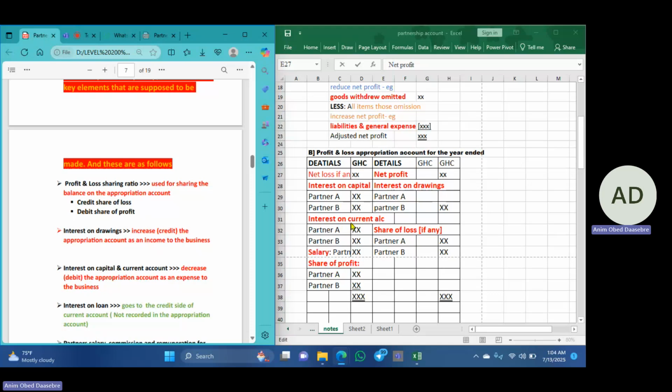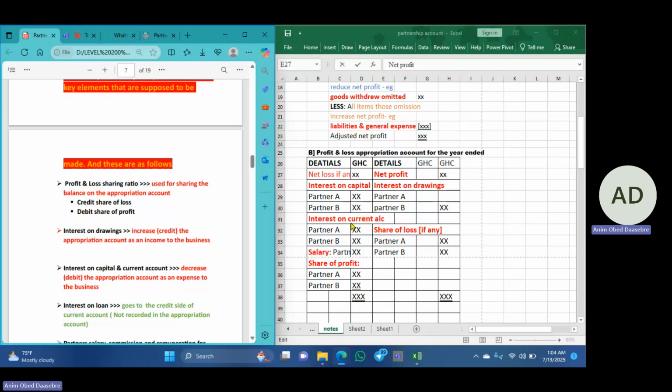Otherwise, if the current account of the partners has a debit balance in the question, you have to take note of the balances of the capital accounts and the current accounts. So you have to check from the trial balance if they have a debit balance or credit balance.